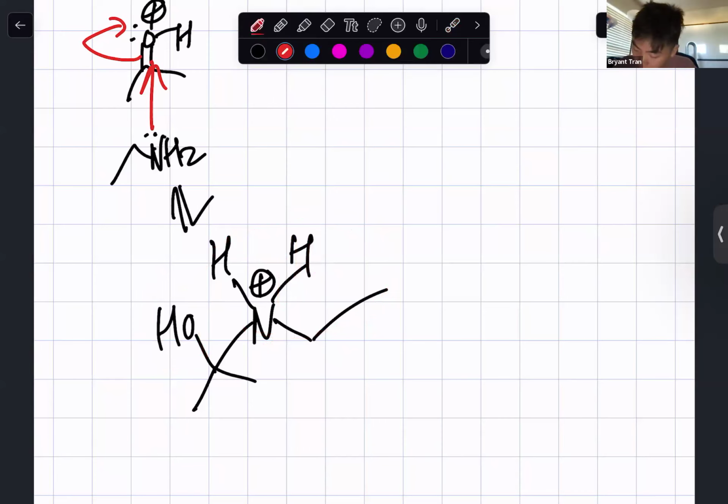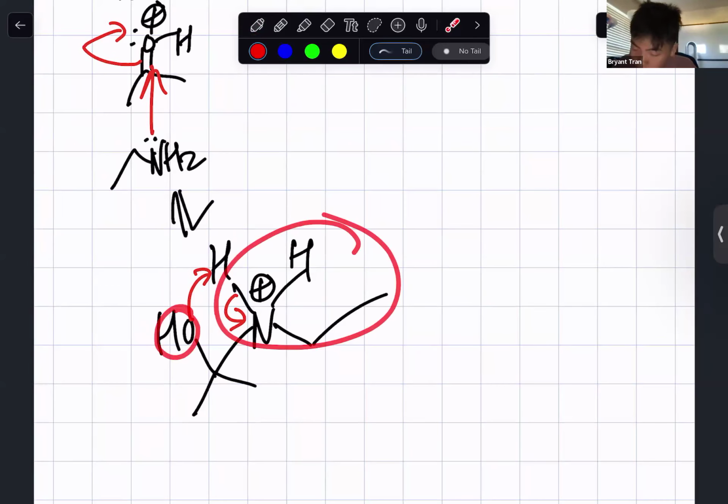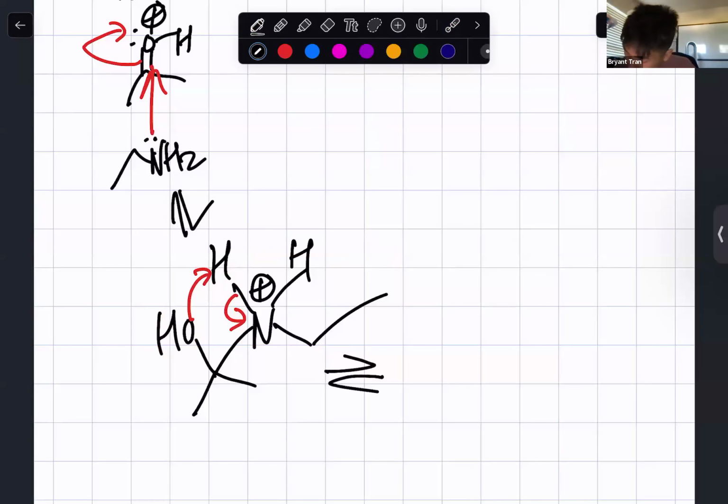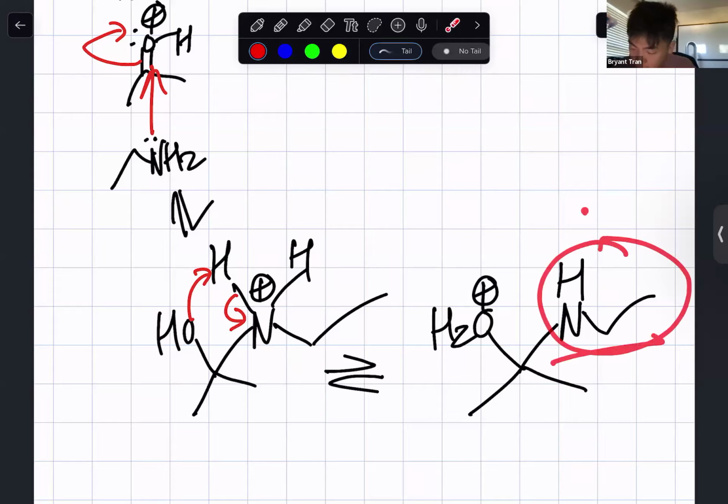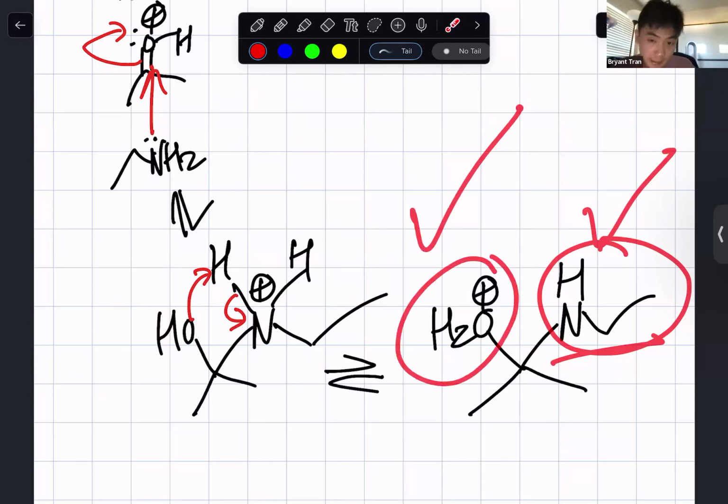We do that at the same time, which would give us this desired tetrahedral intermediate where we reverse the roles. This is now the bad leaving group, which is good because we want to keep that group. This is now the good leaving group, which is good because we want to kick that out.